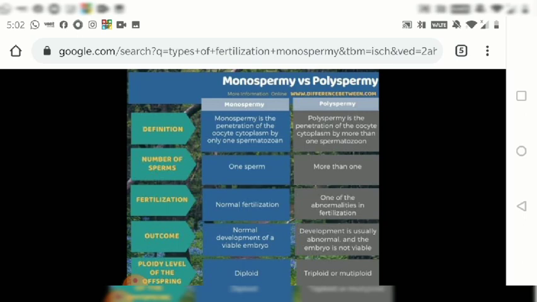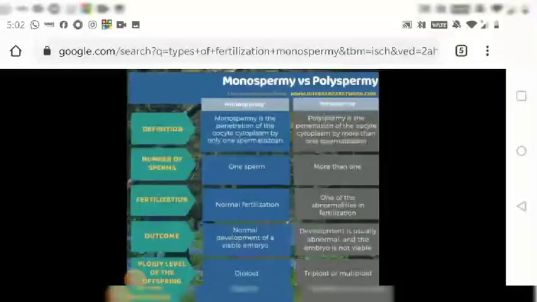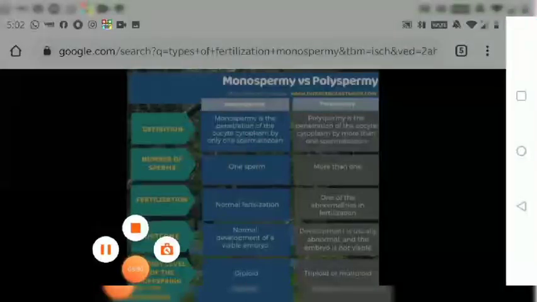During that time, if only one sperm enters, that is monospermic. If many enter, that is polyspermic. Amphimixis means fusion of two nuclei, maybe pronuclei or a common nucleus. So generally it is only one sperm and one egg. The pointed end of the sperm has to come in contact with the egg plasma membrane. So this is about amphimixis.